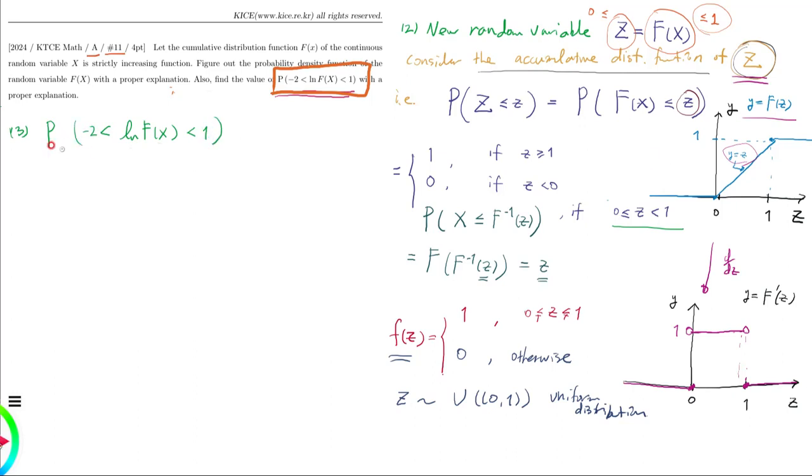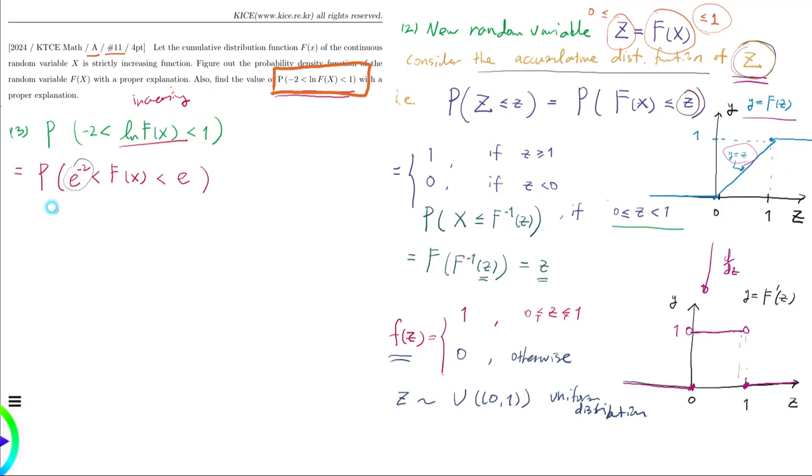So on this probability of ln of capital F of x, since ln of capital F of x is an increasing function, capital F of x should be between e to the negative second power and the irrational number e, natural constant e here.